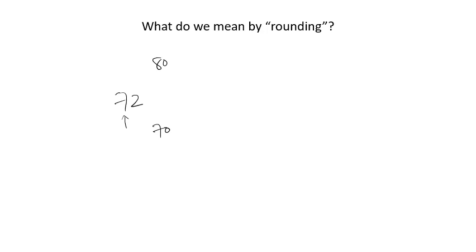We're going to have place values smaller than the tens, sort of a ones place, but everything below it is going to be a zero. And so we know that this 7 in the tens place, 7 and 8. So now this 72 is between 70 and 80. And we want to look at the distance from here to here. This is a distance of 8, and this is a distance of 2. And so the closest value would be this 70. The 72 is closer to the 70 than it is to the 80.